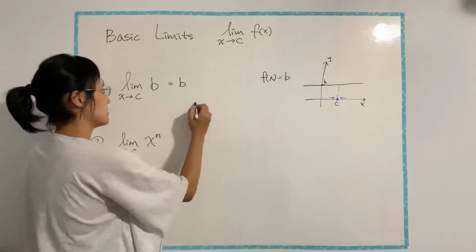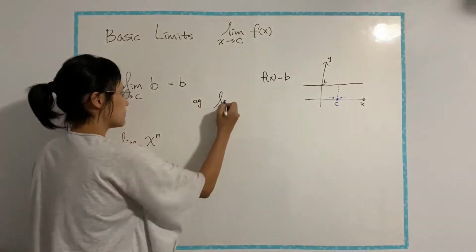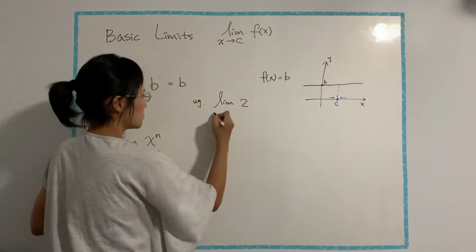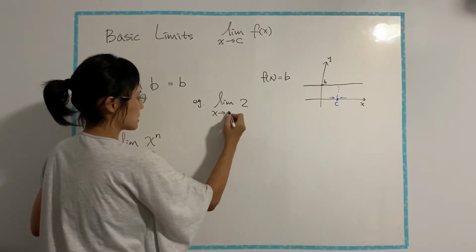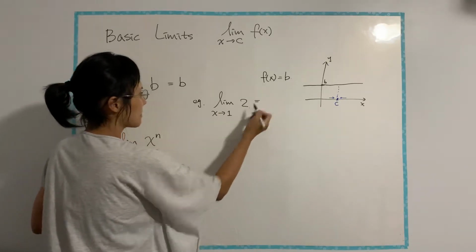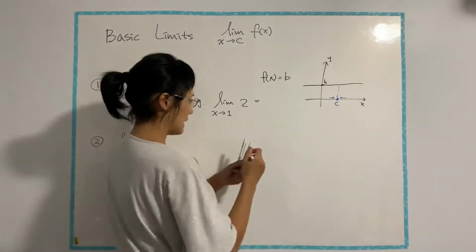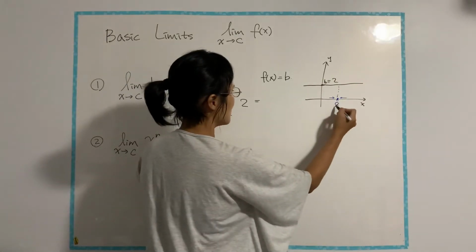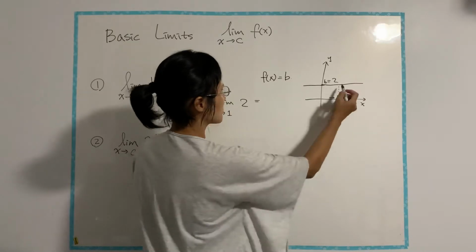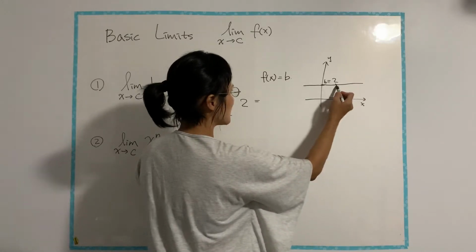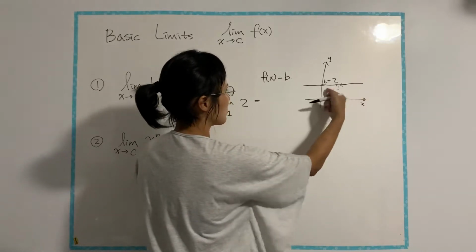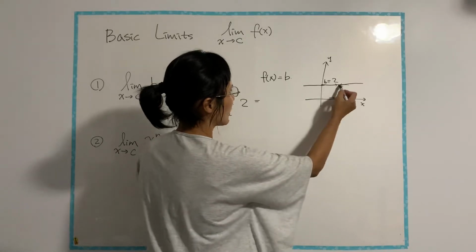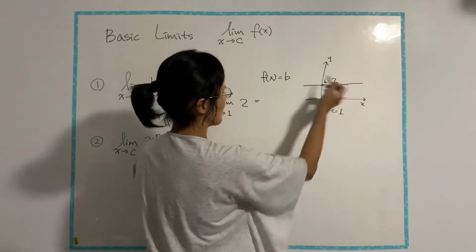Example. Let's say I'd like to take the limit of 2 as x approaches 1. So now I have b equals 2, right? And c is equal to 1. On the graph, you can see that when x approaches 1, we have the output value 2.